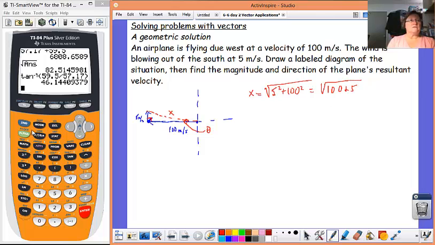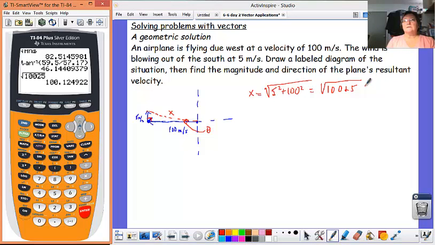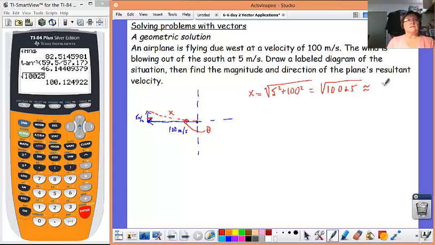We need the square root of that. Right about, the wind's giving it a little advantage, 100.1 meters per second.